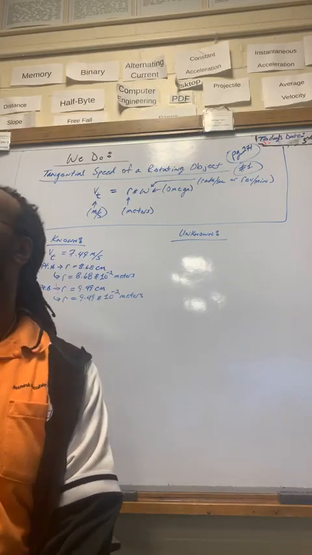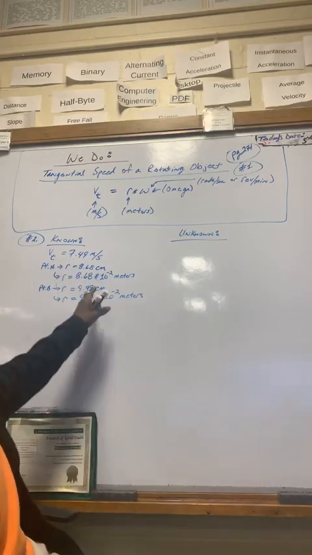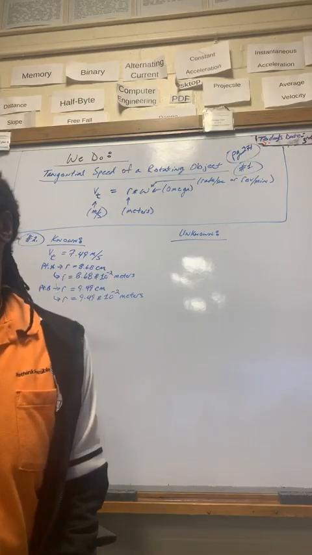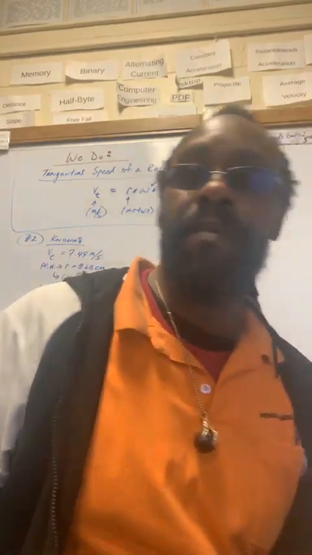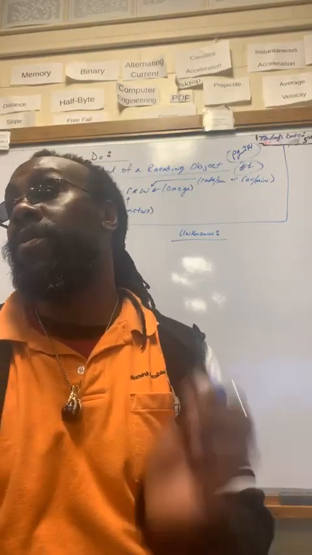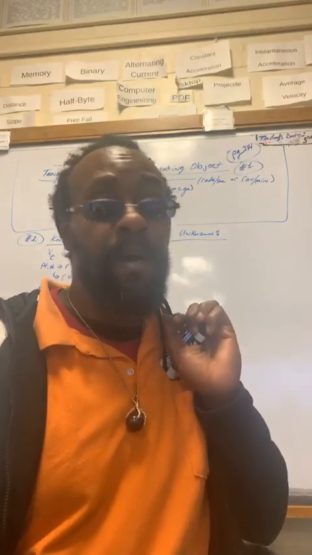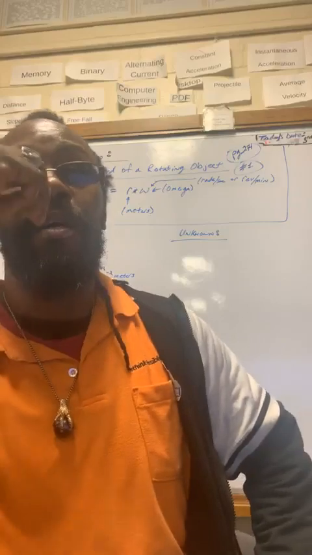So cm means centimeter, but we can't use that. So we gotta convert it, and then centi, like I said, turns into 10 to the negative 2. That's what it is. All right, I gotta keep going. Great question, but I want to make sure y'all have everything so you can do what you do on your own. So I think Nicole and Jamel got y'all. The first one I already answered. You're gonna be able to see it once I take a picture. So you gotta let me finish.